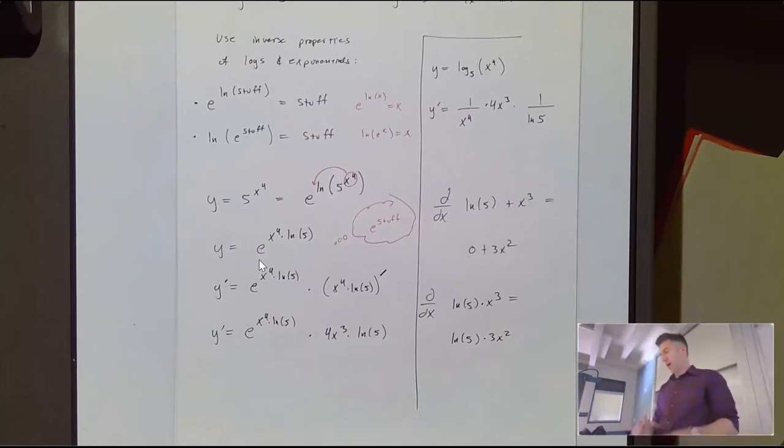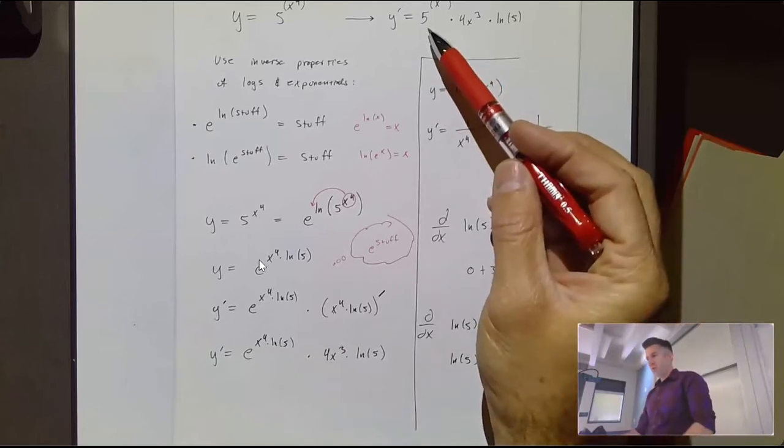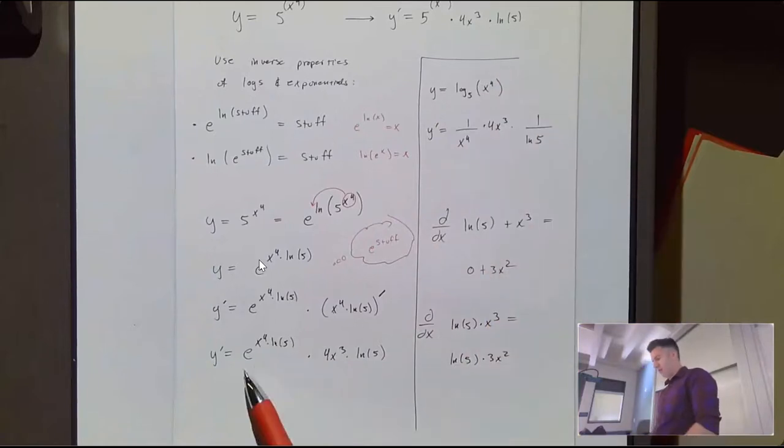So I would point out our answer doesn't quite look the same as our other answer. Up here, when we took the derivative, we got 5 to the x to the 4th times 4x cubed times natural log of 5. Here we've got this times 4x cubed times natural log of 5.